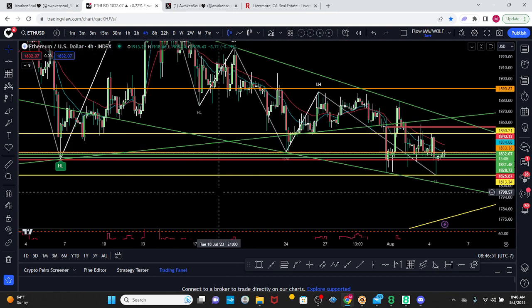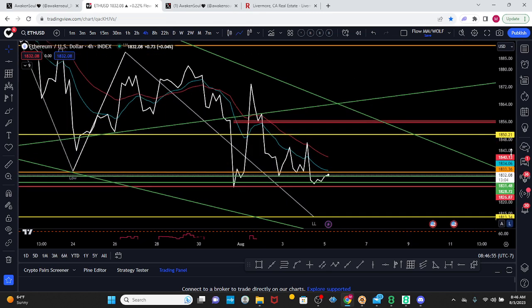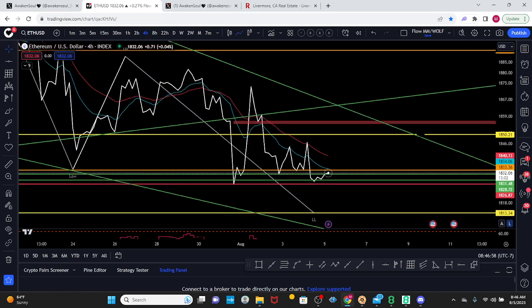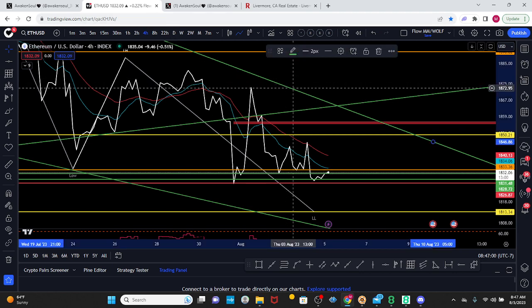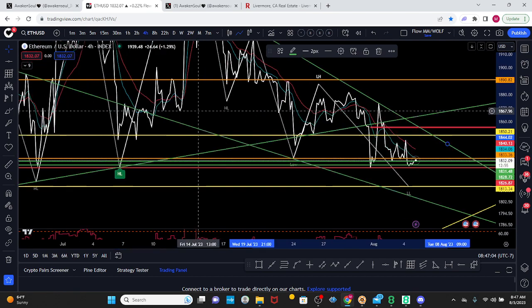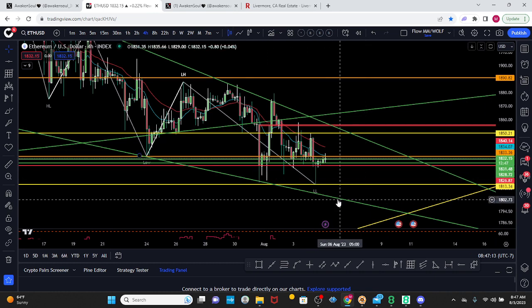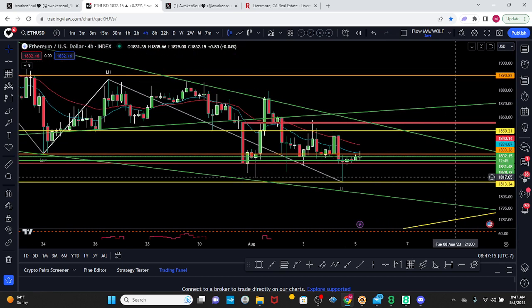4 hours are critical for my trend lines. I want to turn on the line chart. I hope I'm not losing you, and I hope you're seeing what I see. Like I said, it's not easy, but it's a beautiful game if you understand it.